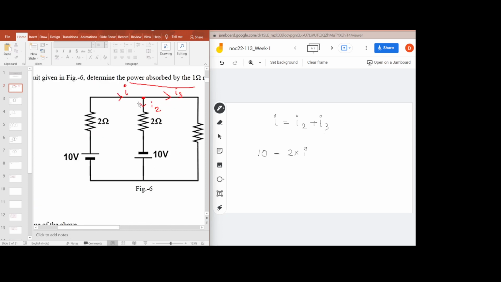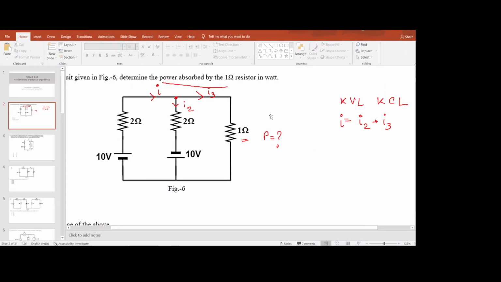let's move through this particular loop, right? We are applying KVL across this bigger outer loop. So it will be minus I3 times, this is 1 ohm, right? The resistance here is 1 ohm. I hope everyone can see this.